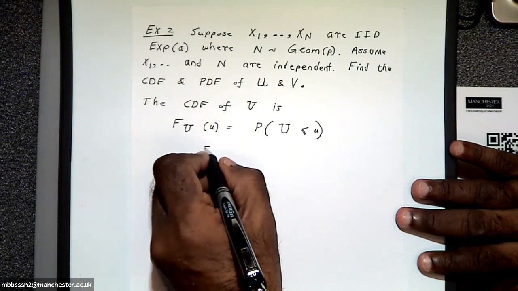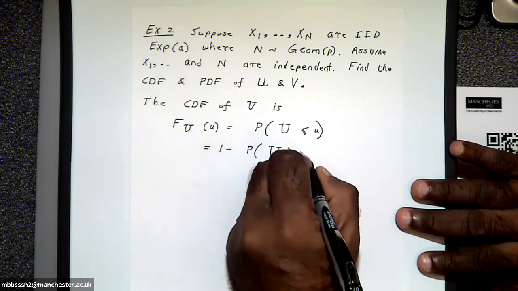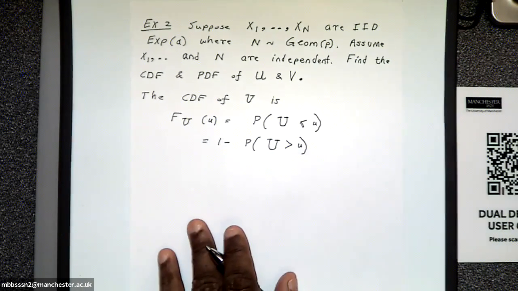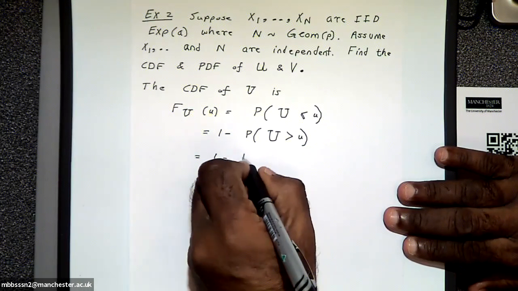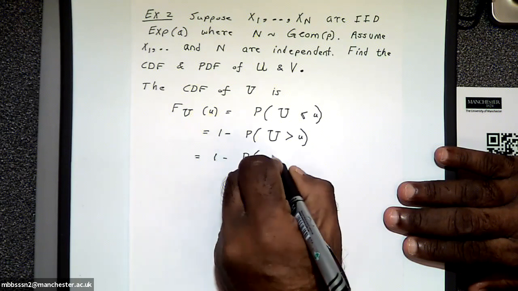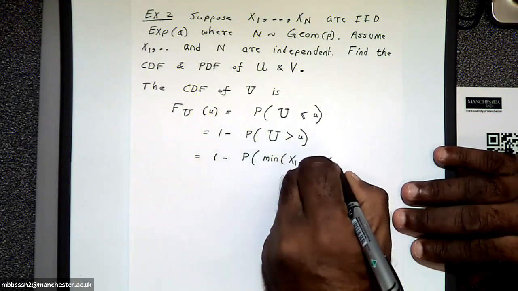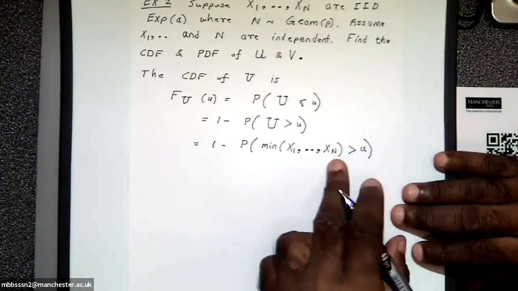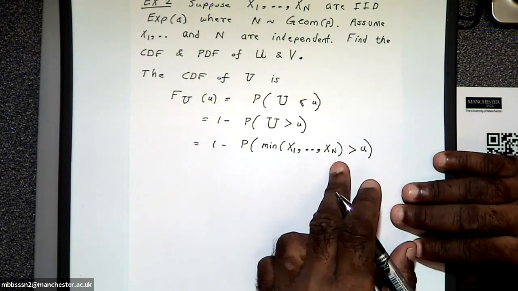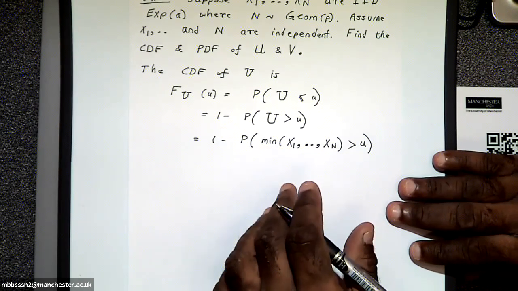You can write this as 1 minus the probability that capital U is greater than u. And this you can write as 1 minus the probability that the minimum of X1 to Xn is greater than u. Now note that capital N is a random variable. It's not a fixed number, right? So in the next step, what you need to do is the following.